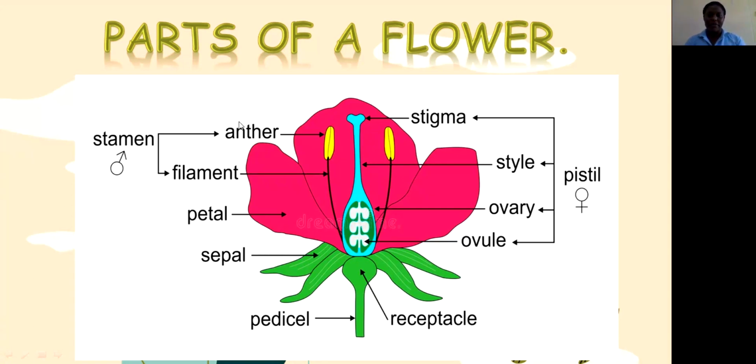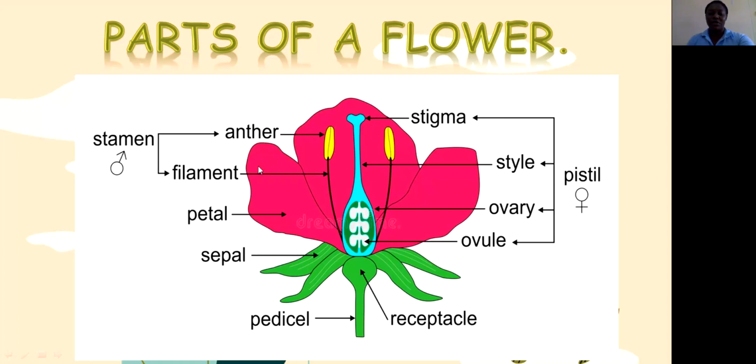Okay, there's something I've forgotten here. We say that a flower can have male parts only, or female, or it can have both female and male. Now, in a flower, we have a male part and a female part.